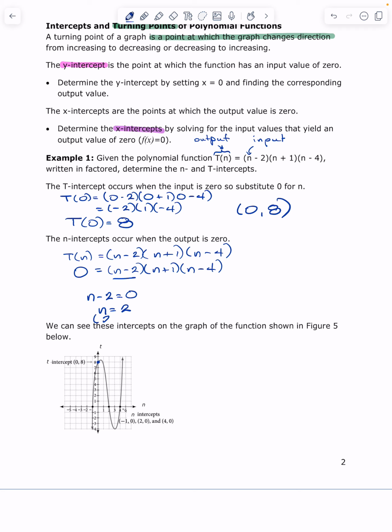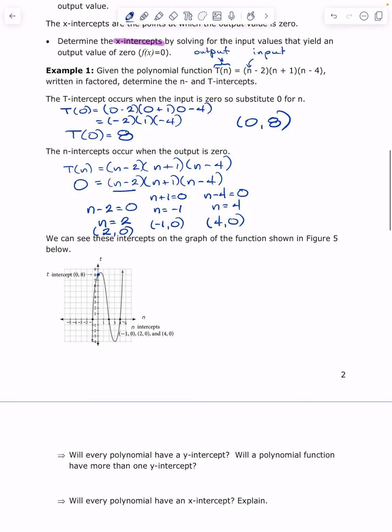When n is 2, t is 0. I got n plus 1 equals 0. N equals negative 1. When n is negative 1, t is 0. And I've got n minus 4 equals 0. N equals 4. When n is 4, t is 0. I got negative 1. I got 2. I got 4.